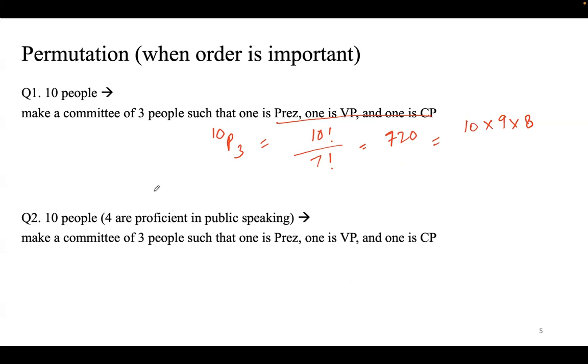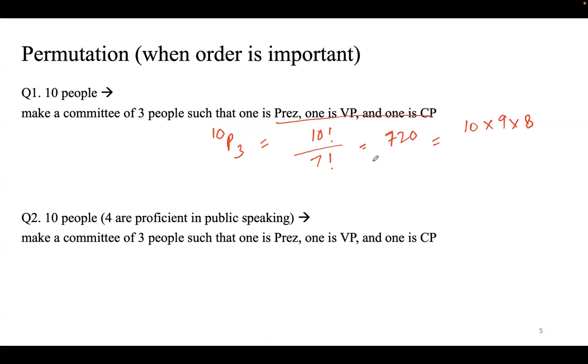Okay. Now I'm giving you extra information in this case: out of those 10 people, 4 of them are proficient in public speaking and 6 of them are not so proficient. Now you want to make a committee of, again, 3 people, one president, vice president, chairperson. Now you tell me, if you have this additional information, is this number going to change?